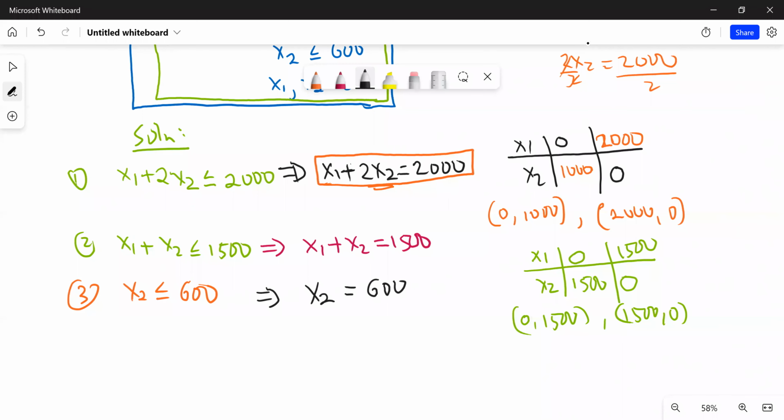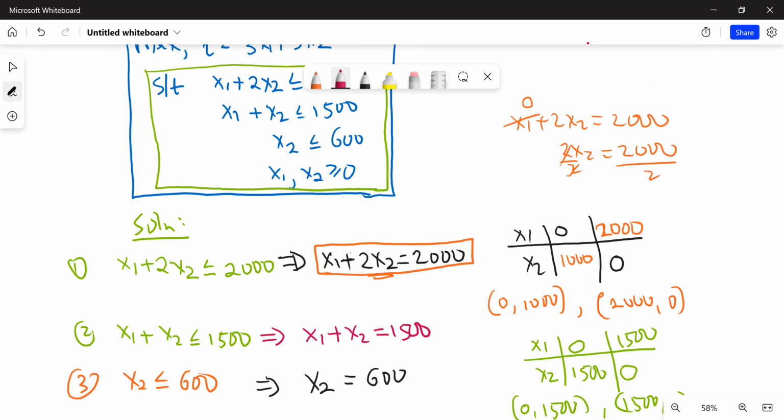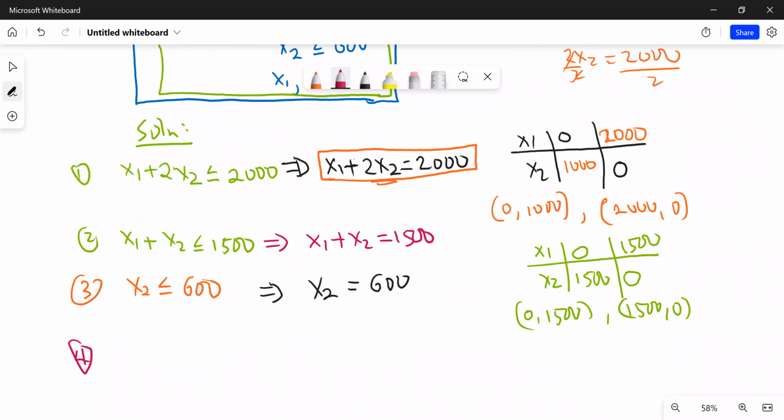You just need to draw a line where x2 is 600 throughout. So that is straightforward.